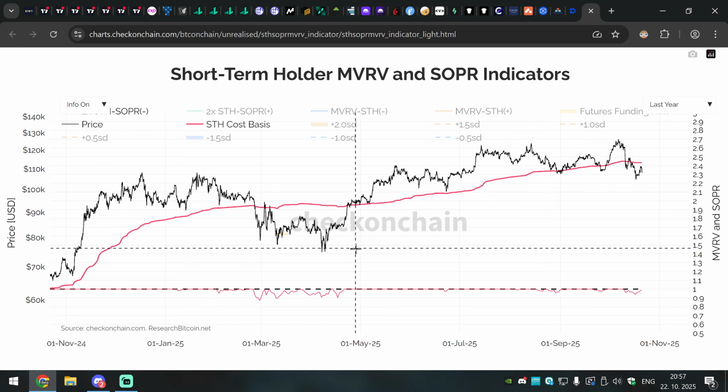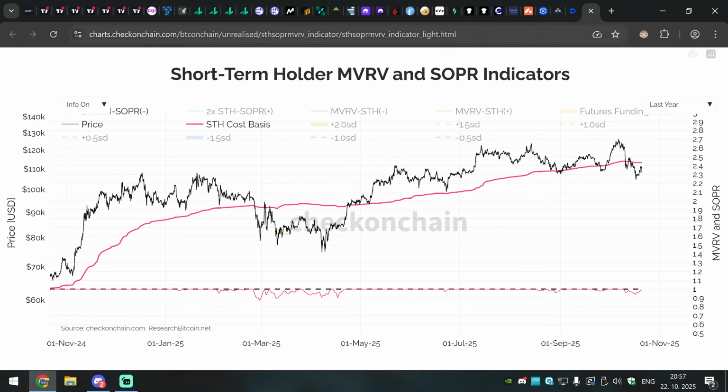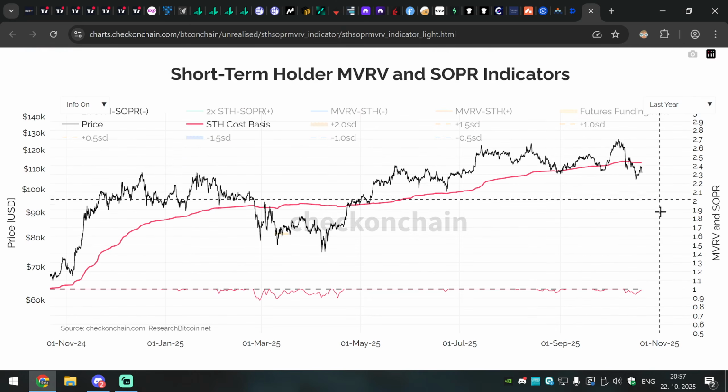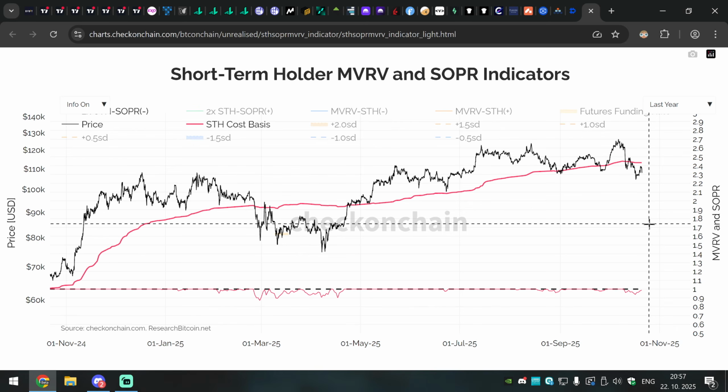When we lost this line and I open the spot inflows, ETF inflows or outflows, you can see the past few days we've seen very heavy sell-off at ETFs. They were selling off because they were not in profit, and they were buying mainly above 115k. So of course there was pressure, but moving below that line was only accelerating their fear and pain.